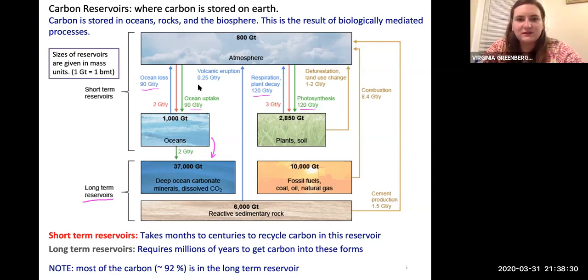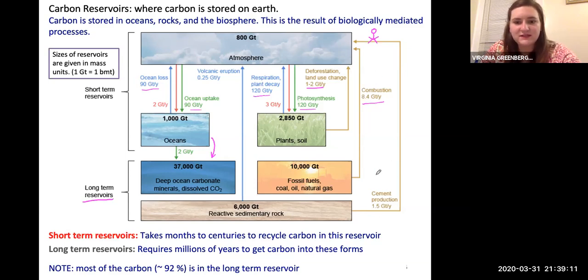What we start to see on the right here, with these goldish brown arrows, are the effects caused by humans. These arrows are caused by our actions directly. Deforestation leads to more CO2 ending up in the atmosphere. Combustion, like cars, factories, and coal, results in 8.4 gigatons per year of carbon going into the atmosphere.